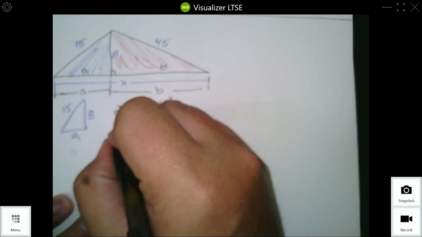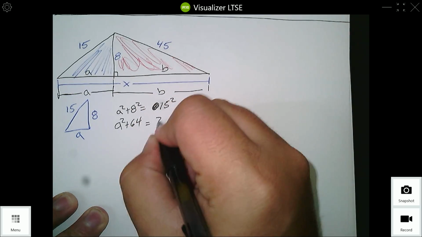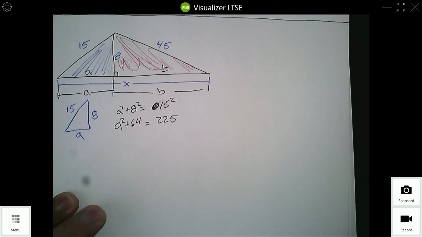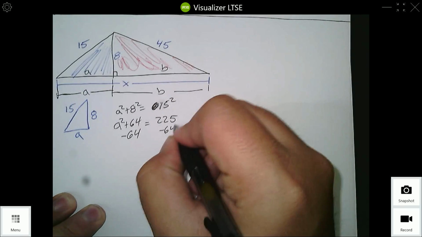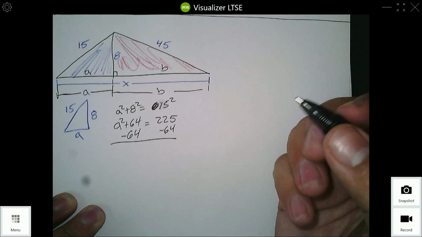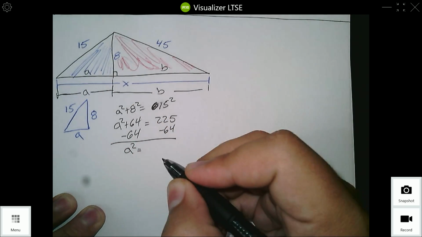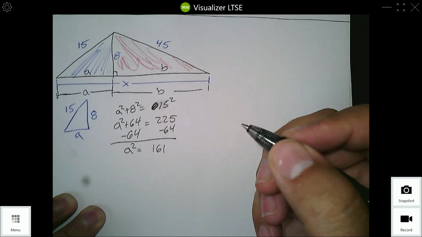Put it in our calculators. A squared plus 64 is equal to 225. We want to solve for A, so we subtract 64 on both sides. That leaves us with A squared is equal to 161.